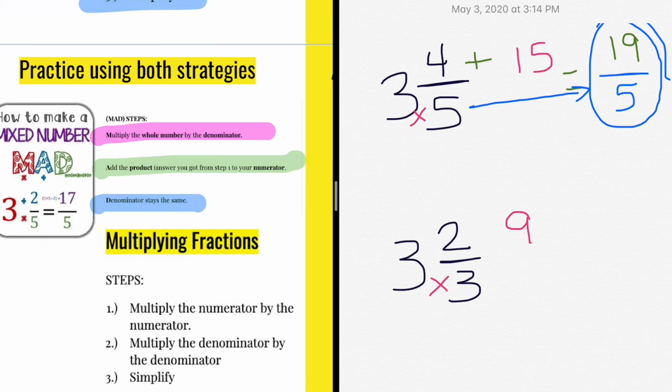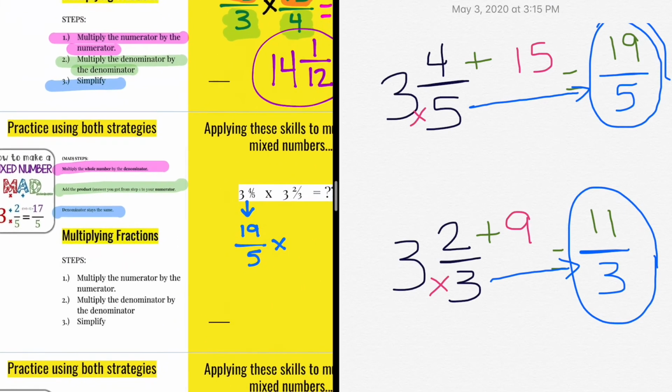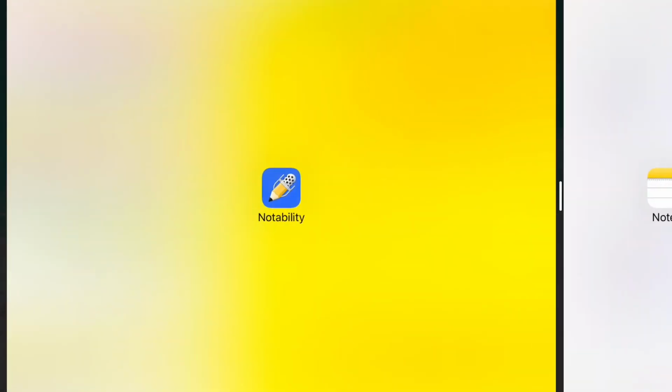Now what? That's right, add the 2 plus the 9. What is the final step? You're right, just bring over the denominator. So my answer becomes 11/3. And now I can write that into my problem and move on to the multiplication step.